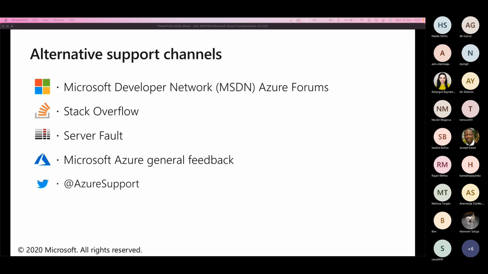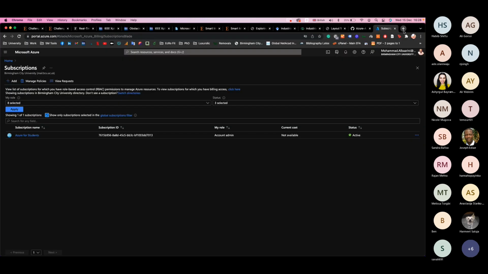And there is a system called Server Fault, Azure general feedback, and you can use Twitter to tweet Azure support as well. So Stack Overflow is, well, most of the programmers basically use it, even the expert ones.